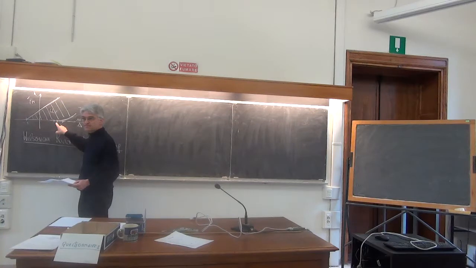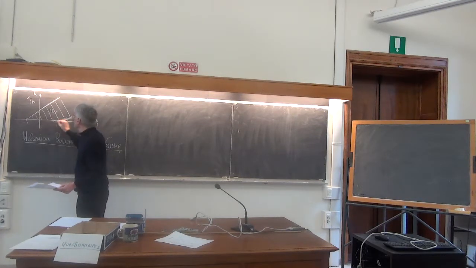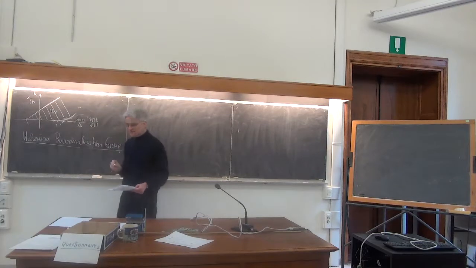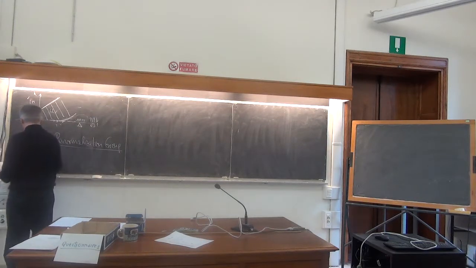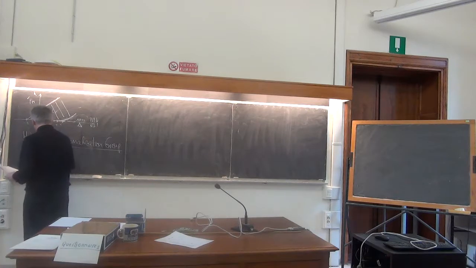Okay? And I could do the same here, but to keep the notations as simple as possible, I just consider this case. All right? So now my Hamiltonian of the full theory looks like this. So I have my free boson.